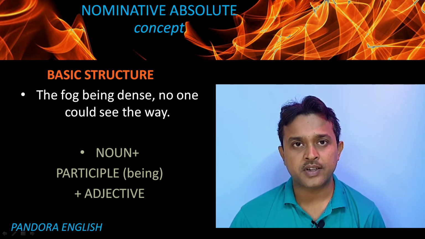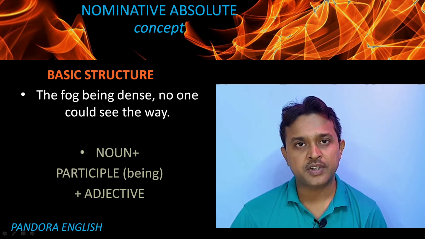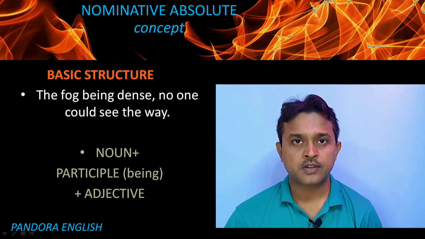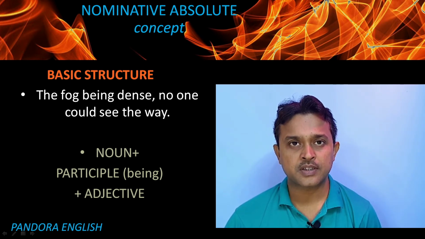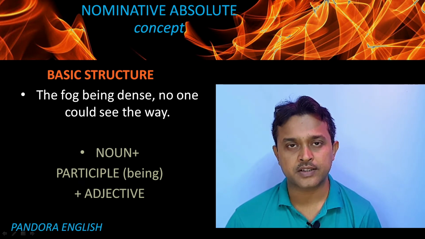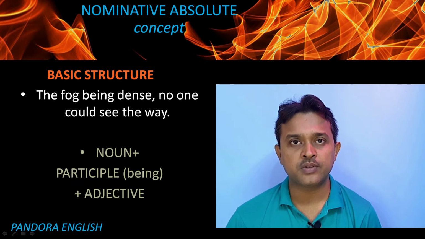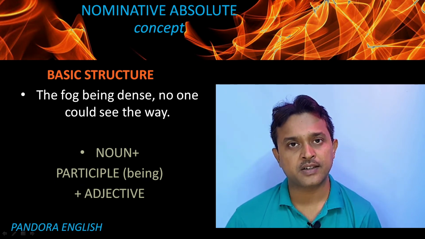So these three are forming the nominative absolute here. This nominative absolute formation expresses the cause behind the second action. So the fog being dense is the cause and no one could see the way is the result.